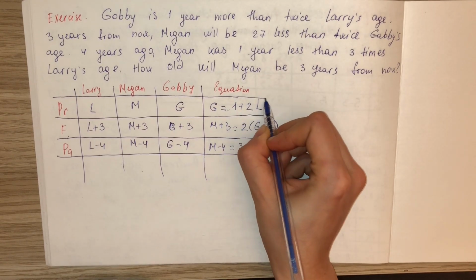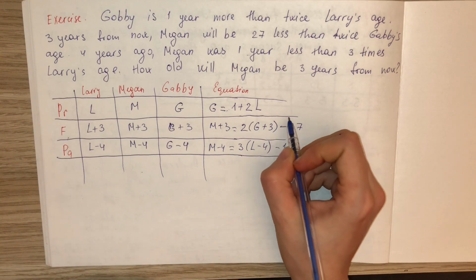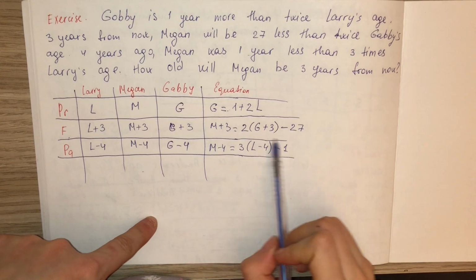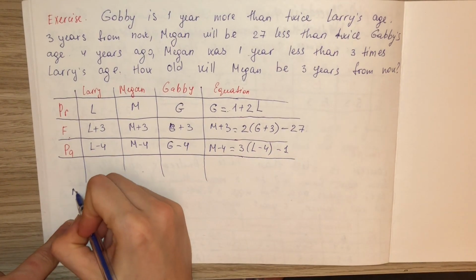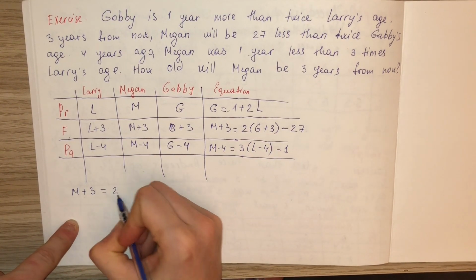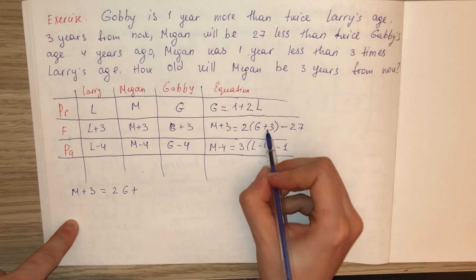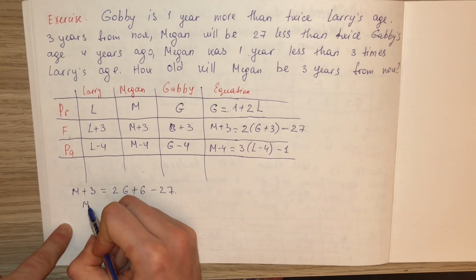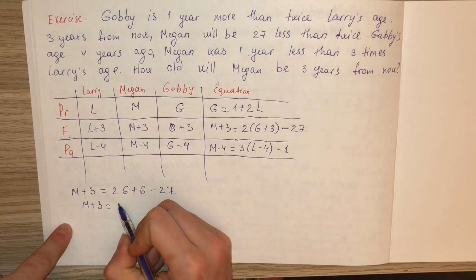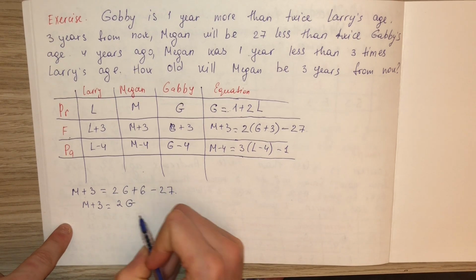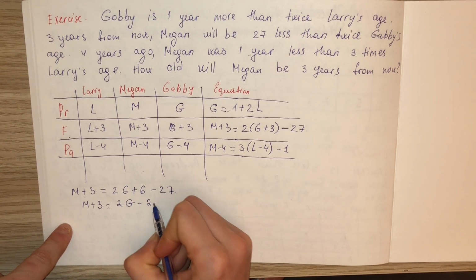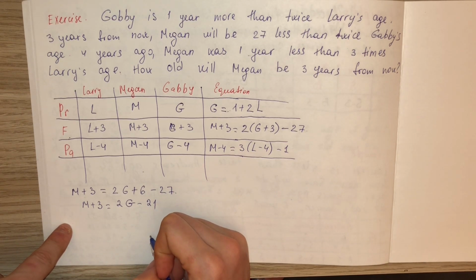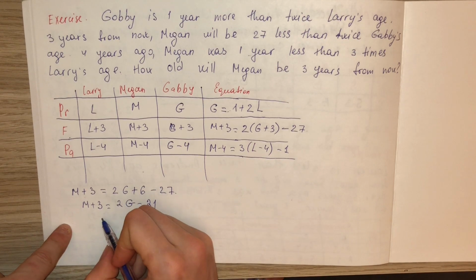So, what should we do now? Let's start with this equation. M plus 3, 2 times G plus 6 minus 27. We will get that 2 times G minus 21.